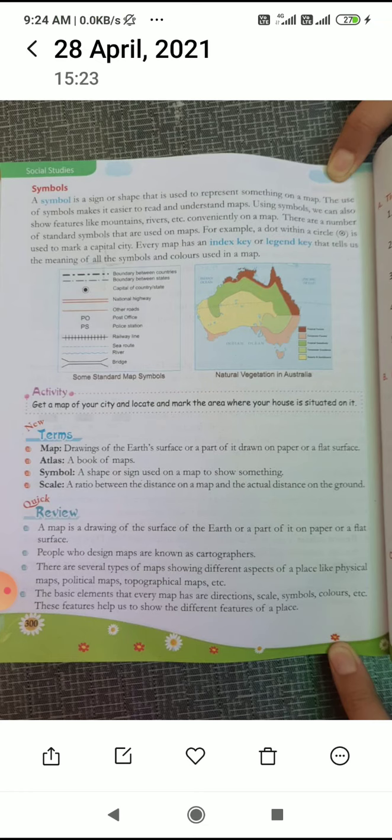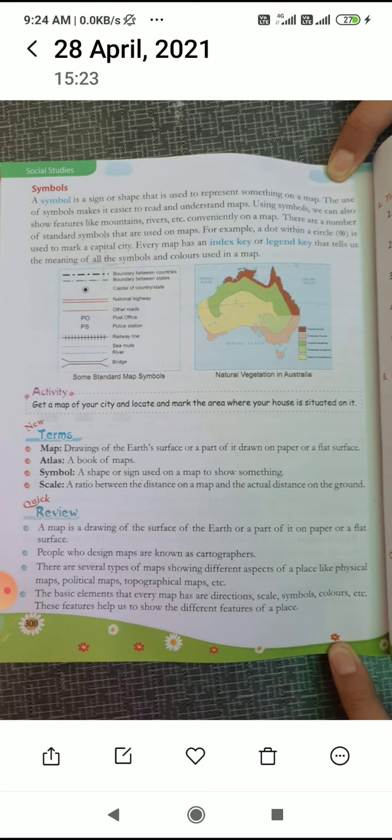Next, and the last element, is symbols. A symbol is a sign or a shape that is used to represent something on a map. The use of symbols makes it easier to read and understand maps. Using symbols, we can also show features like mountains, rivers, etc. Conveniently, there are a number of standard symbols that are used on maps.